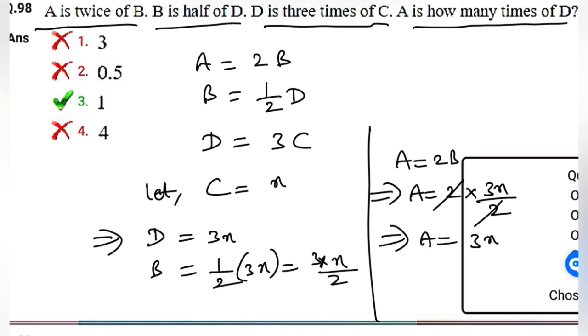And the question is, A is how many times of D? A is 3x means D is also 3x. So A is 1 times of D.